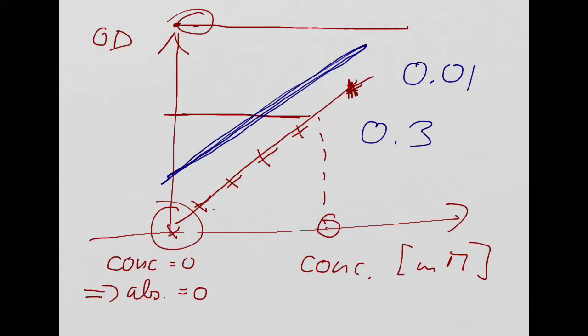And now I just simply subtract my blank from it. So minus 0.01, I get 0.29. And I just simply calculate further with that. Very simple. Yeah? So you don't have to repeat everything, although it's good if you repeat it and you still get the same stuff. That's quite reassuring.